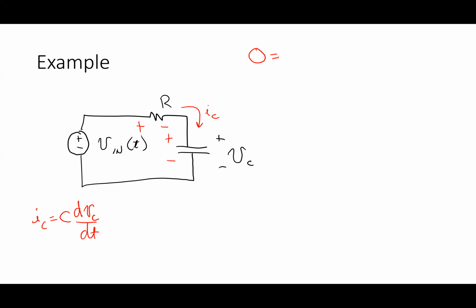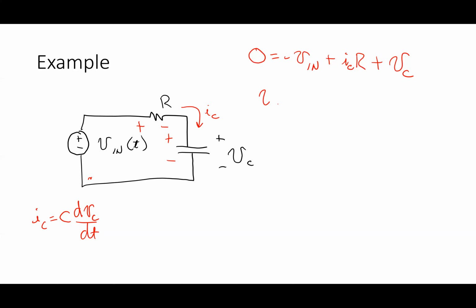Now, the way I do this is I start in this corner and I go around clockwise. So I say 0 equals minus Vin plus the voltage on that resistor, which I'll say is I times R, plus V sub C, like that.